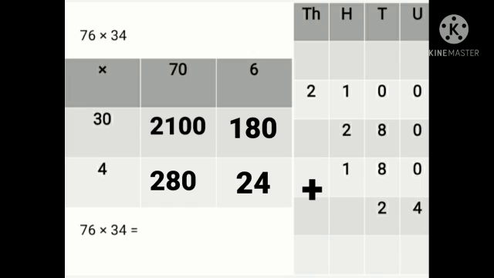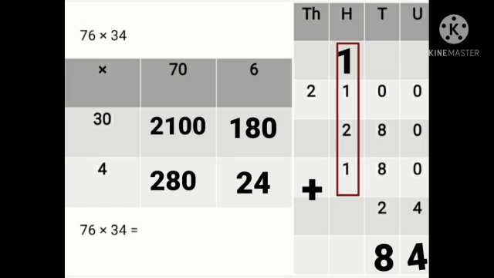Now here we have got 4 answers. Now all the 4 answers we will arrange according to the place value for addition, and starting from the units, 0 plus 0 plus 0 plus 4 will give you 4. 0 plus 8 plus 8 plus 2 will give you 18. 1 we will carry over in 100 place. 8 we will write in tens place. 1 plus 1 plus 2 plus 1 will give you 5.